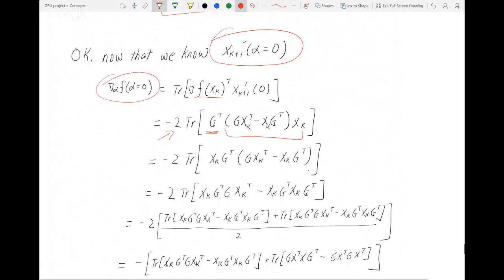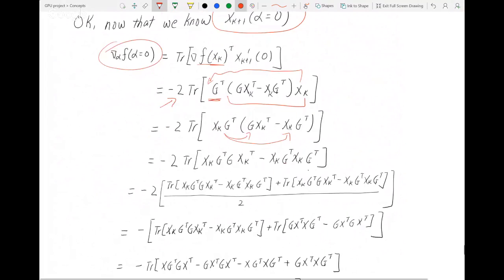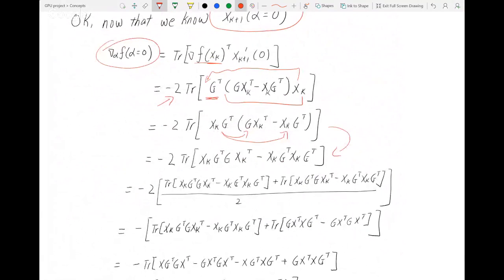Okay. And the first thing I'm going to do is move this over here. With trace, you can rotate them, and it still equals the same thing. So that's over here. Once that's done, I'm going to multiply here and multiply here. Okay, that's how we got this here. And I'm going to do something interesting.